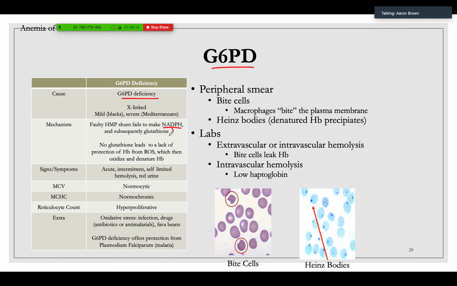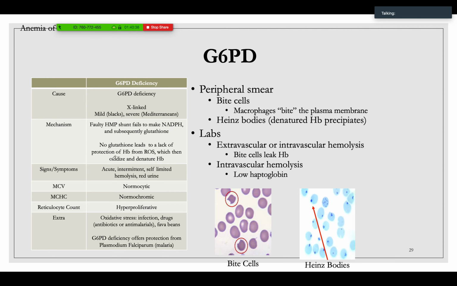NADPH is going to make glutathione. Glutathione is going to protect hemoglobin from reactive oxidative species. If we can't make NADPH, our hemoglobin is going to be destroyed. It's going to be denatured. You can see these Heinz bodies are essentially just clumps of denatured hemoglobin inside of a G6PD cell.